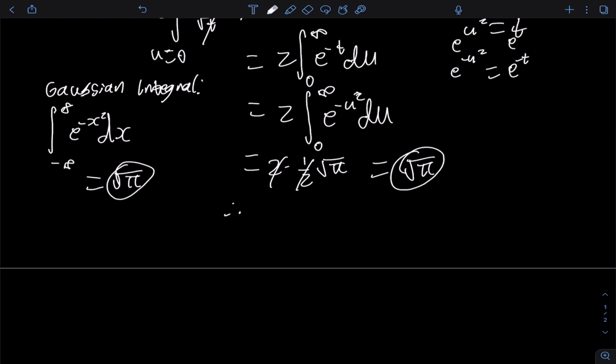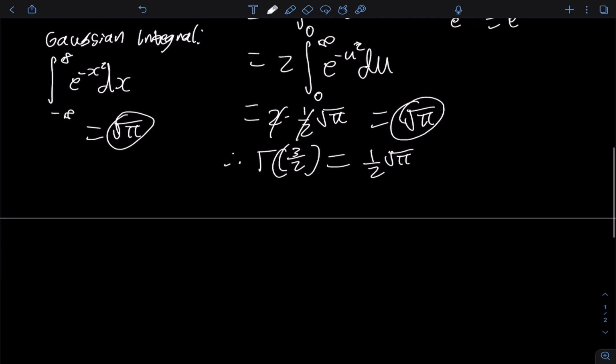Therefore, the gamma of x plus 1, which is 3/2, is equal to 1/2 times the square root of pi. And that also happens to be 1/2 factorial, because, of course, x factorial is gamma of x plus 1. So therefore, 1/2 factorial is going to be equal to the square root of pi over 2.